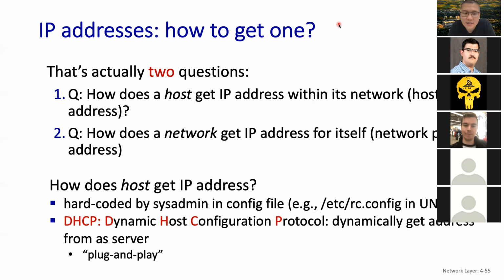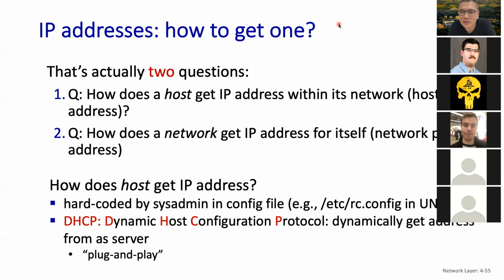For that case, we hard coded that, because the nodes do not dynamically join or jump out of the network. They are always there and will not be changed. So you can hard code it by the system administrator in the config file, so whenever the node restarts, you will get the same thing, right?